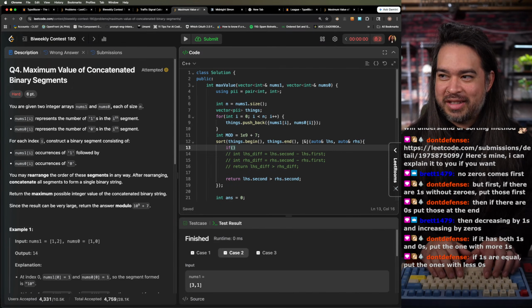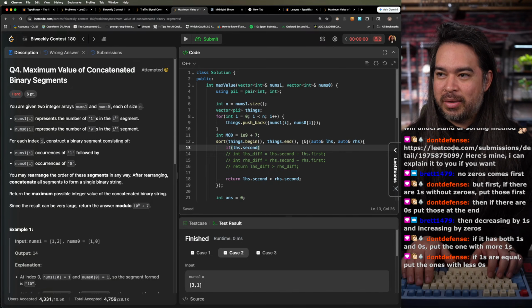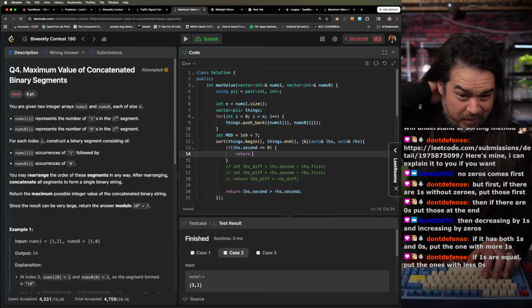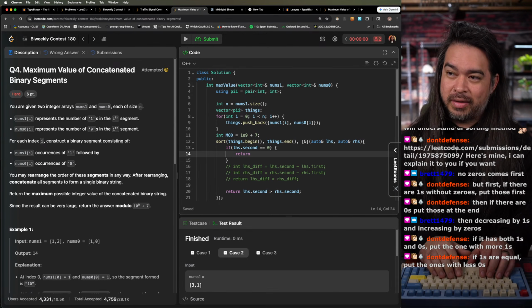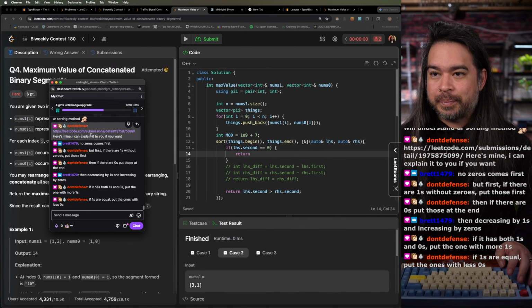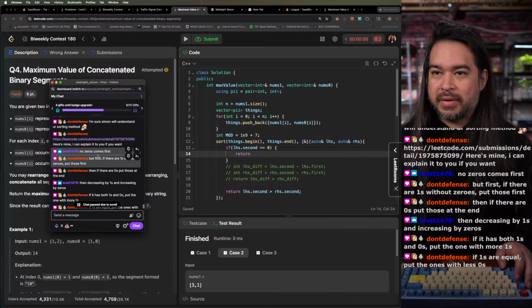I always get these things confused, man. But I know this is my number of zeros. Wait, let me look. I'm trying to read Python, but I don't know how to read Python. No zeros comes first.